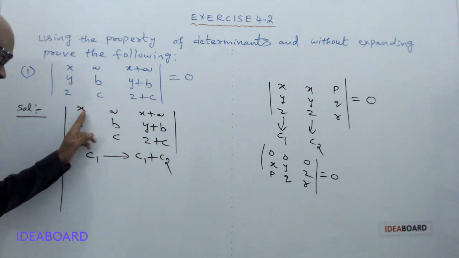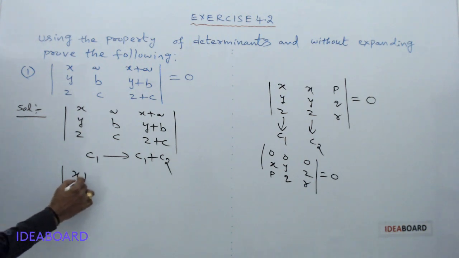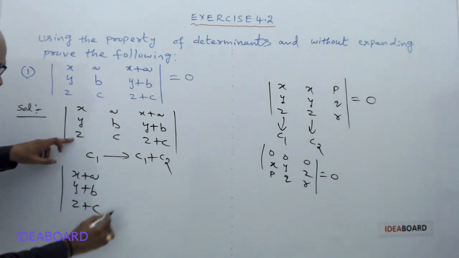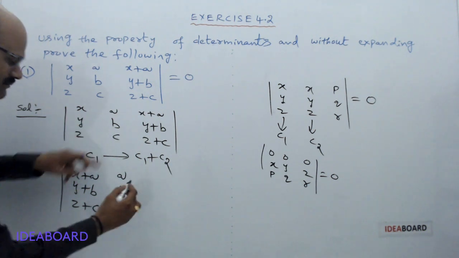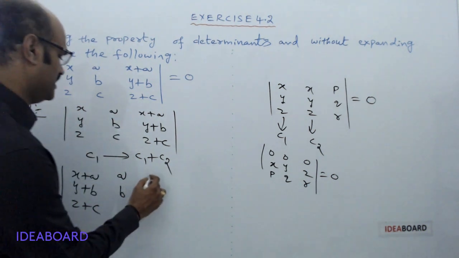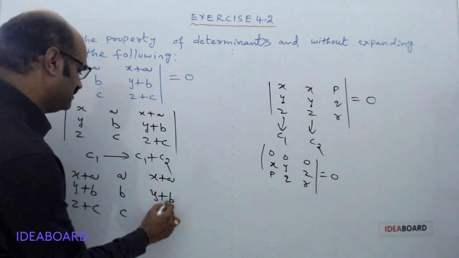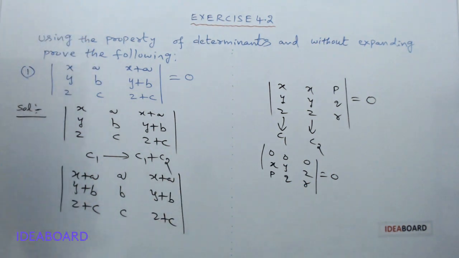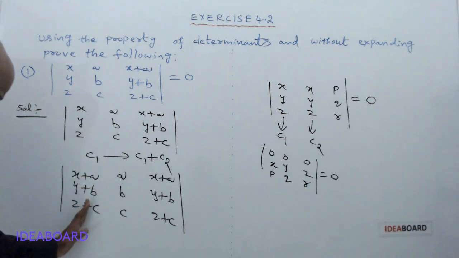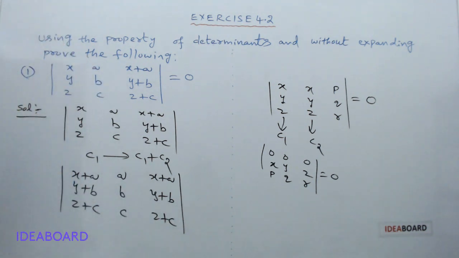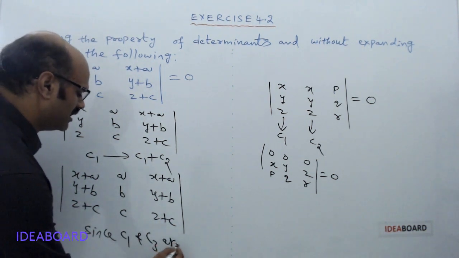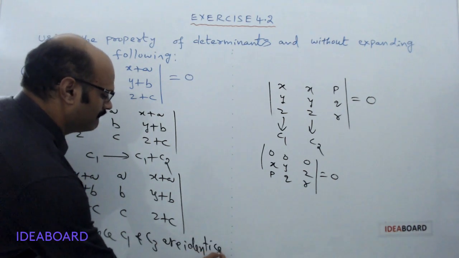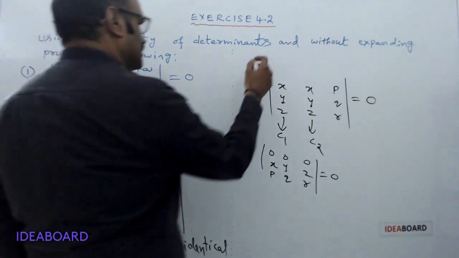It implies x plus a, y plus b, z plus c, with c2 as a, b, c and c3 as x plus a, y plus b, z plus c. Now here c1 and c3 are identical. Since c1 and c3 are identical, the value of this determinant will be equal to 0.